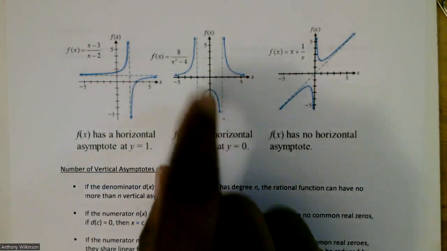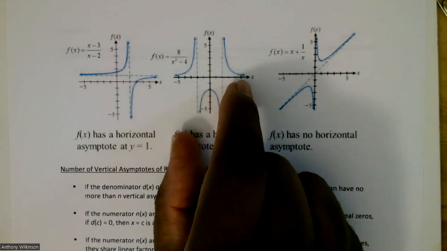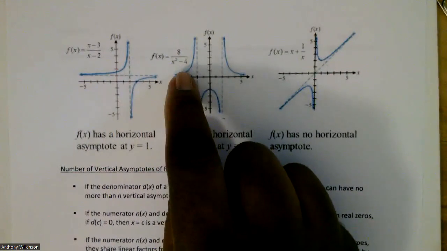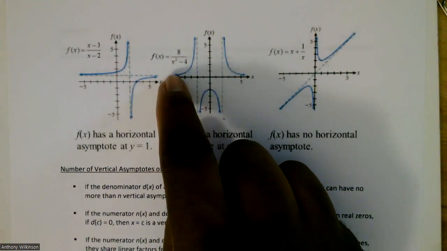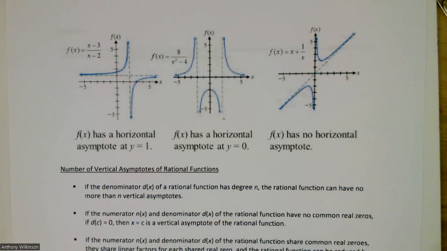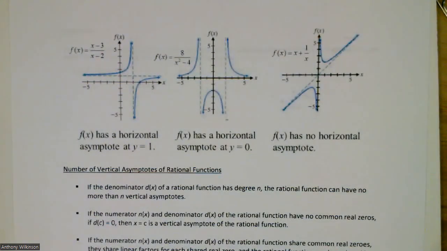The second one has a horizontal asymptote at the x-axis, which is, of course, y is equal to 0. Again, you'll see that on the ends here, it gets closer and closer to the x-axis, but it won't cross that x-axis. And this last one does not have a horizontal asymptote at all.